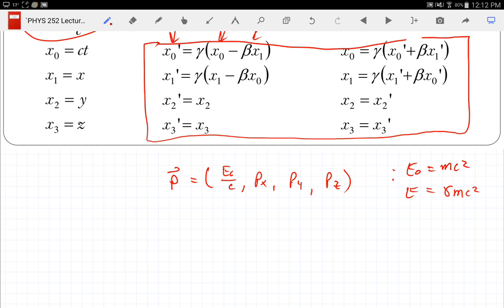Oh, wait, no, that is E. It's the invariant that's the E0 over c. My mistake. It is E over c. Wouldn't that just be gamma mc? Yes, it is gamma mc then. But I put it as E over c so you can see how energy relates. Because if you put gamma mc, you don't see the energy per se.